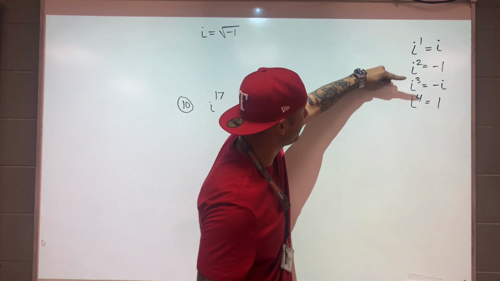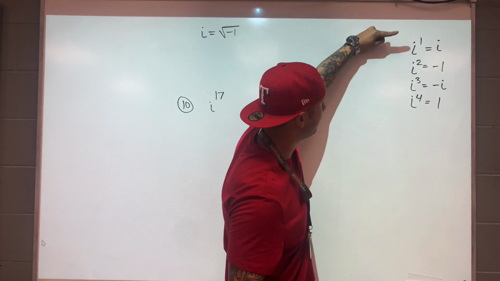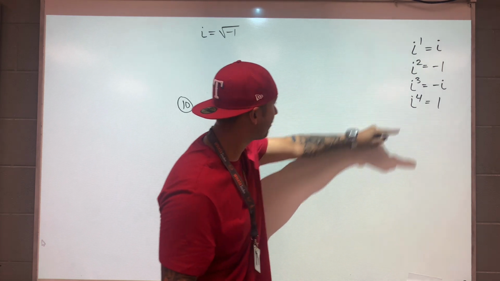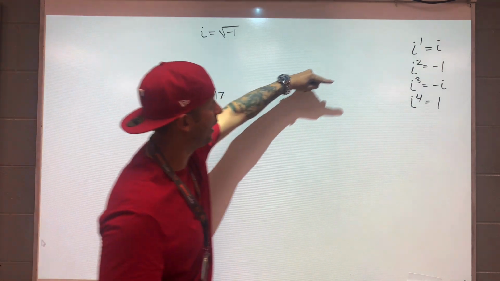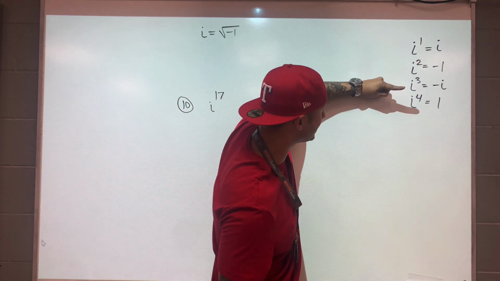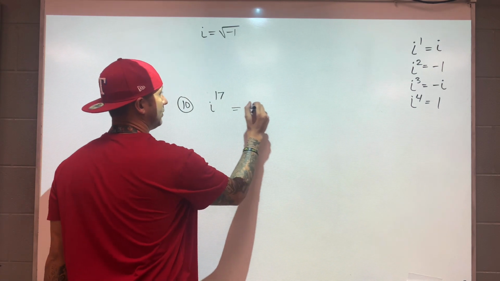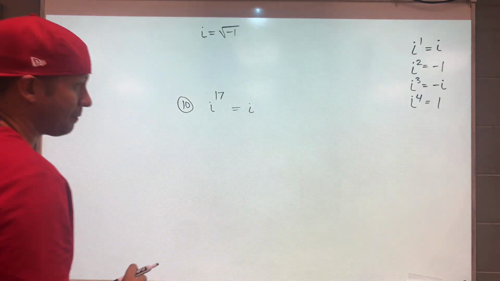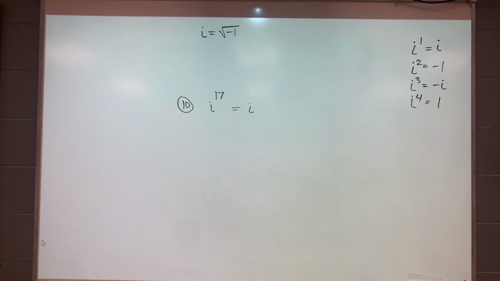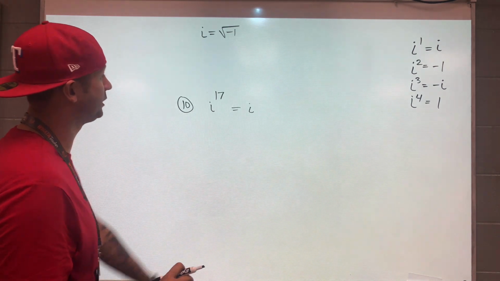So I know that every 4, it repeats. So 16, right? This is 17. Well, I know that 4, 8, 12, 16, 17. It's just i. It's recursive, so it'll keep repeating. So i to the 17th power is just i. It's easy.